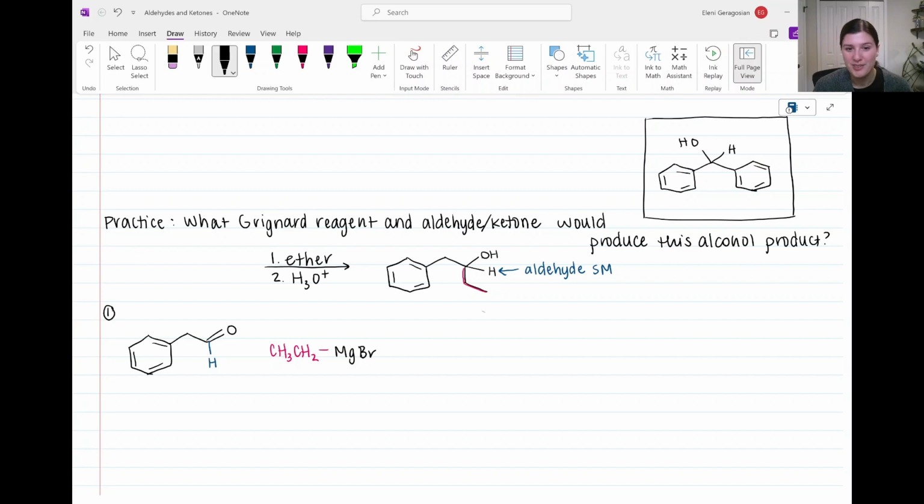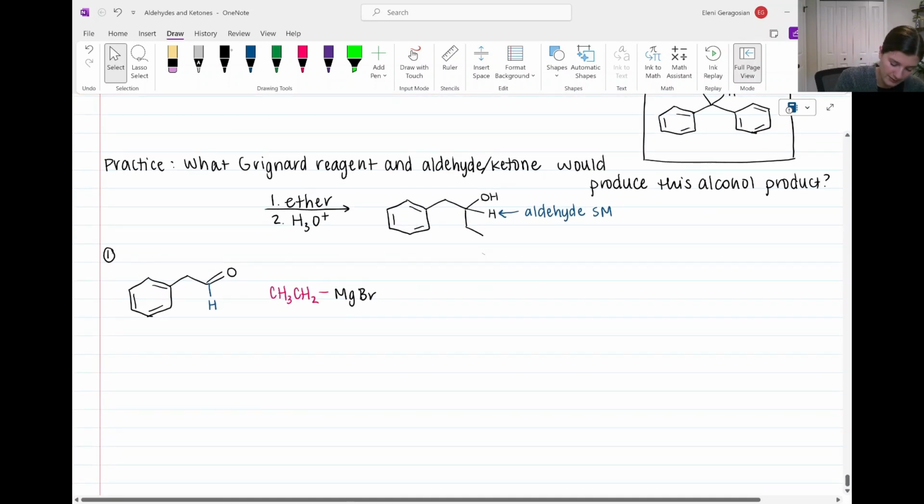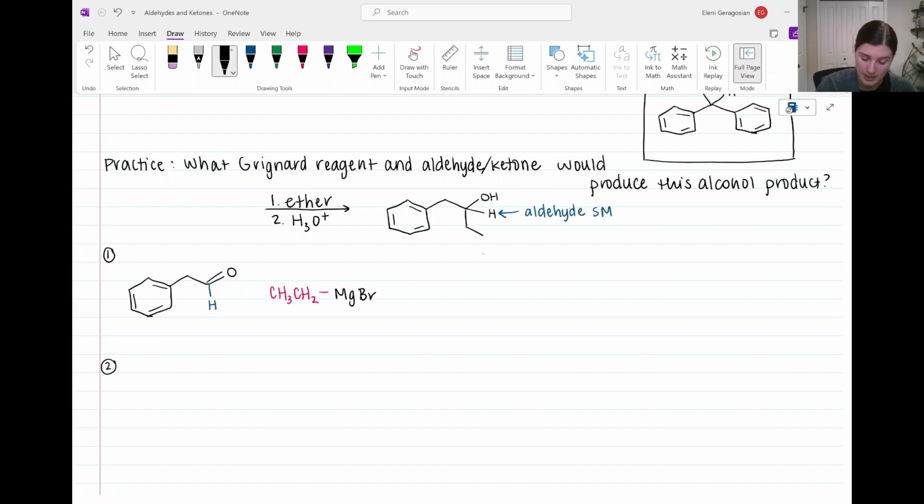Now, I said there were two different combinations of organic reagents and organometallic reagents that could produce this final product. This first set of reagents would certainly produce that final product. The second set would be if we then have our carbonyl at the same location. It has to be where that alcohol group is, the carbonyl oxygen. But we could also say that the ethyl group was part of the original aldehyde.